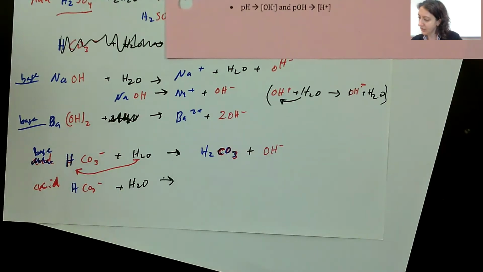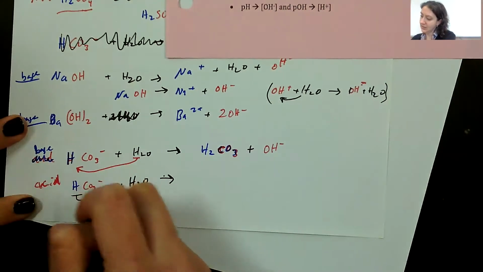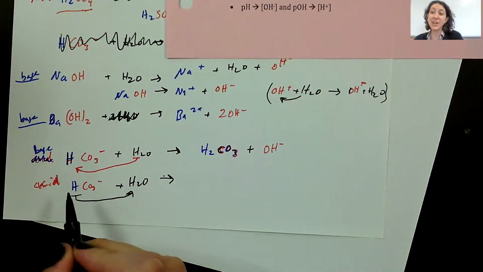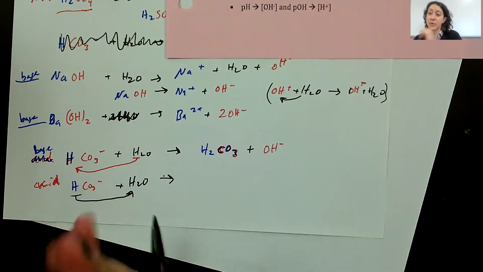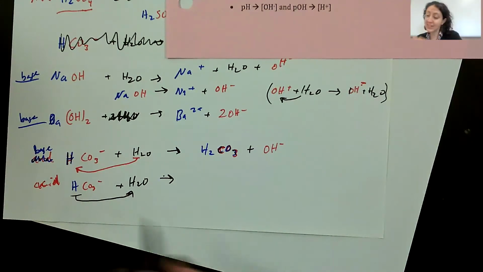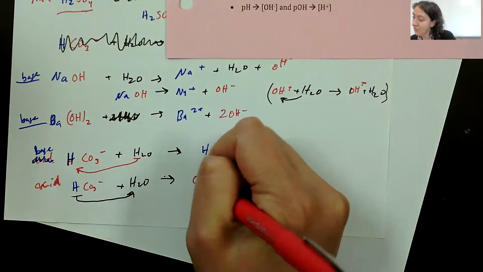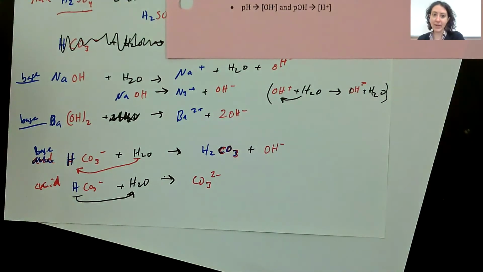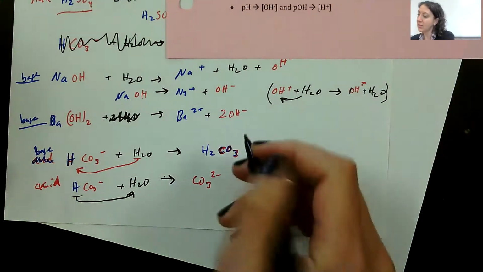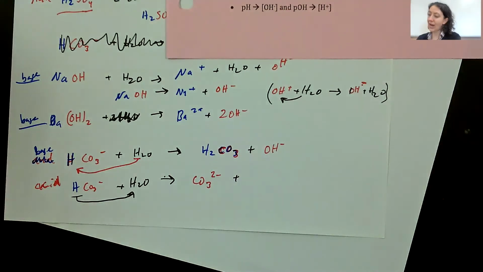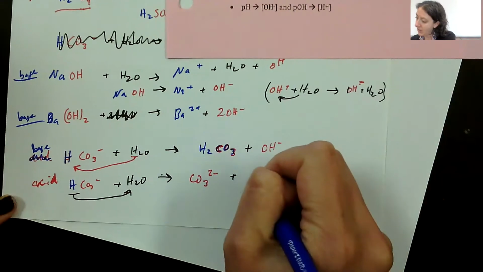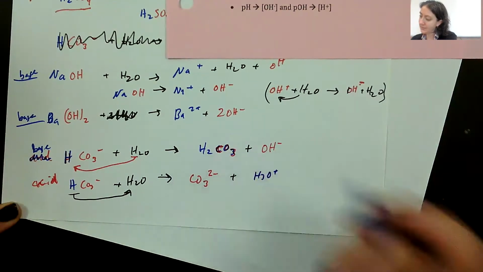The other option is for it to be an acid, which is a proton donor. It has a proton, an H+, so it becomes an H+ donor, a hydrogen ion donor. If it does that, we're going to end up with CO3 2- as the new polyatomic ion, the carbonate ion, and because we've donated a hydrogen to this water, we end up with H3O plus.